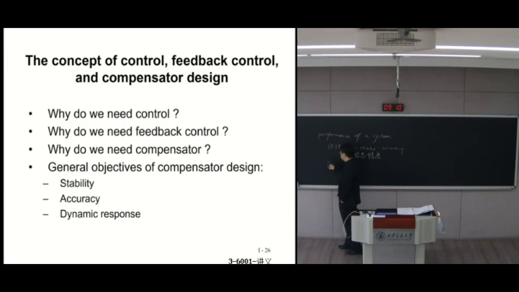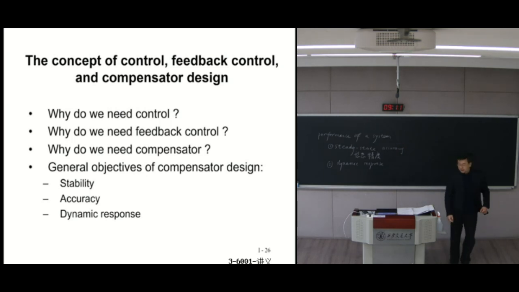And then there's dynamic performance, the dynamic response. That's the second aspect. What would you consider to be a good dynamic response? What is good in terms of dynamic response? What is good, what is not good?